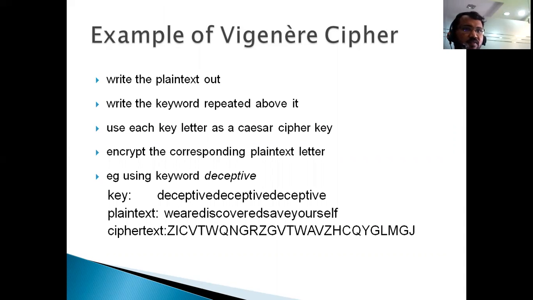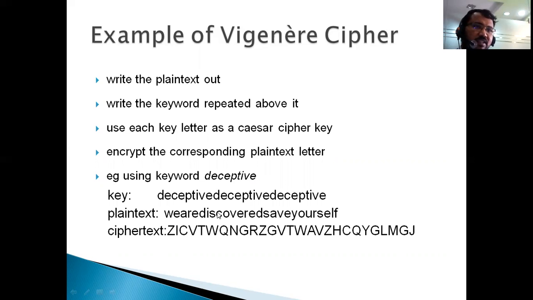The best example for the polyalphabetic cipher is the Vigenere cipher. In it, we are going to take a plain text and write the keyword and repeat it above. For example, you can see the keyword is deceptive, and my plain text is "we are discovered, save yourself."